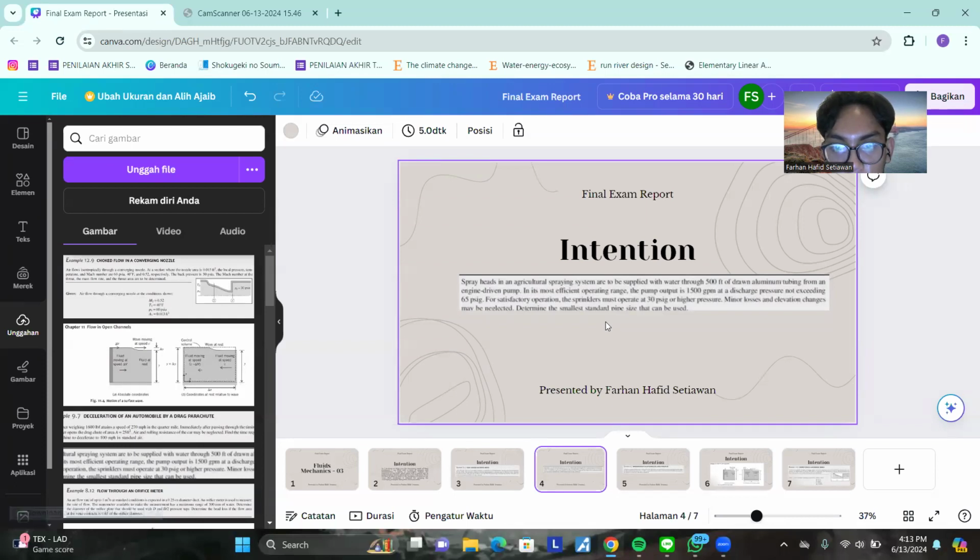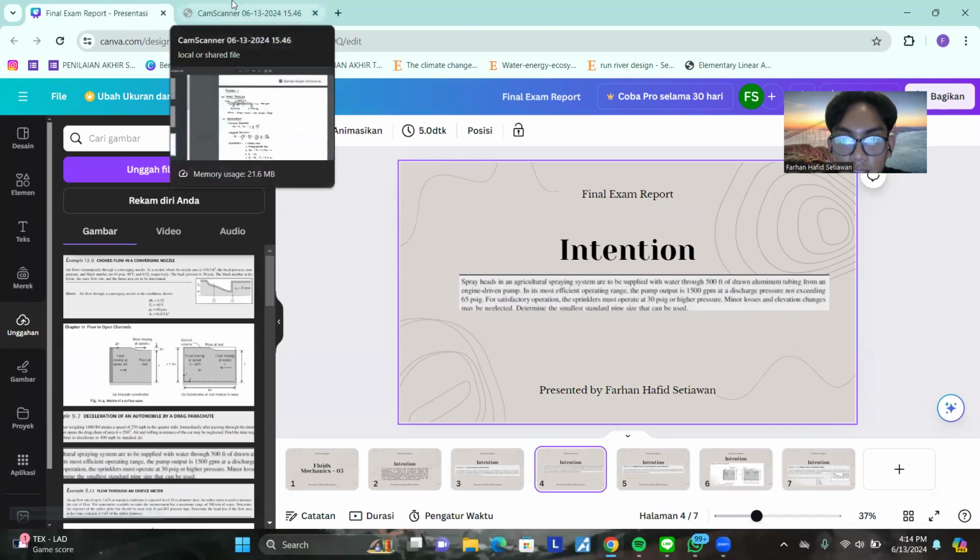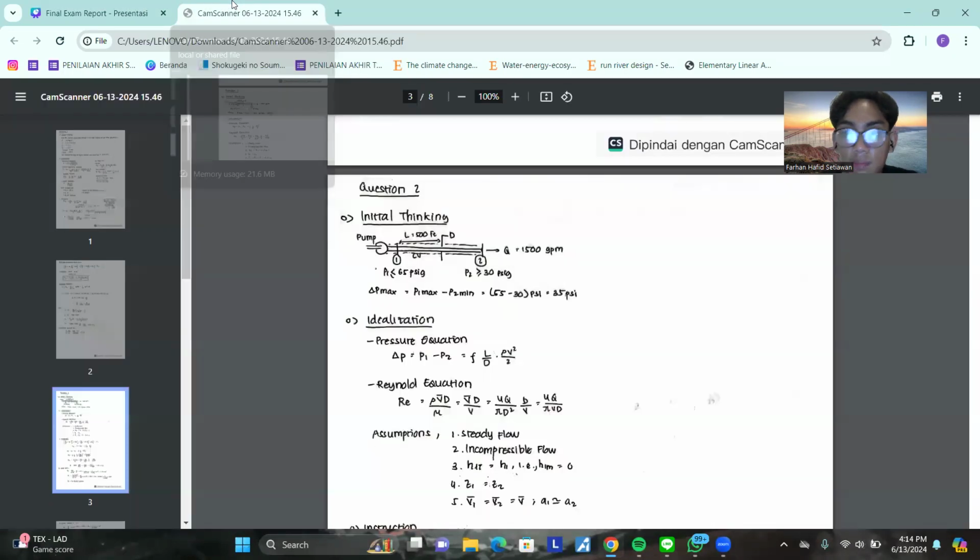For satisfactory operation, the sprinklers must operate at 30 psig or higher pressure. Minor loss and elevation change may be neglected. Determine the smallest standard pipe size that can be used. So in this question, we design the pipe and calculate which smallest standard size we can use in these spray heads in an agricultural spraying system.